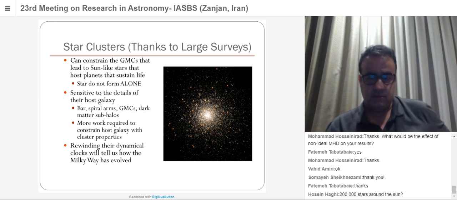But since these studies are so sensitive to the details of the Milky Way, you can flip that around and use the properties of these siblings and their distribution to constrain things like the bar and spiral arms of the Milky Way. And ultimately, what we're working towards is being able to rewind the dynamical clocks of star clusters, which will then in turn allow us to rewind the dynamical clock of the Milky Way.